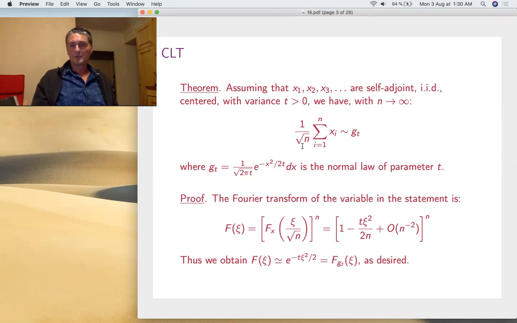To prove this, you apply the Fourier transform on both sides. On the right side, it's well known.